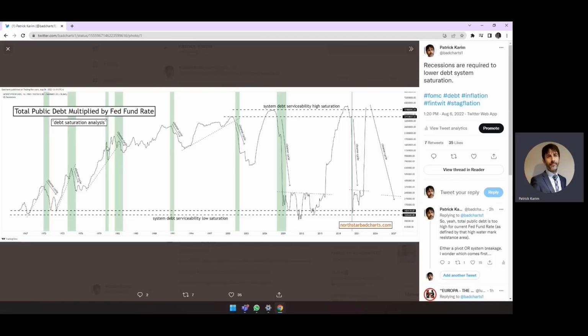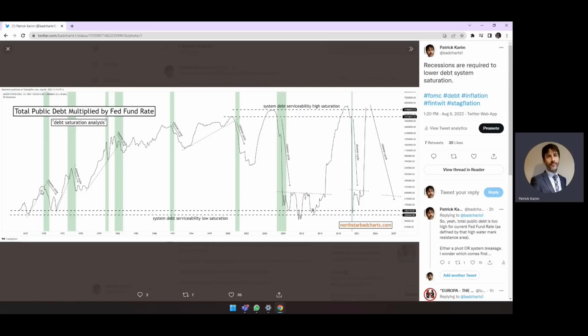And here it's going up. And you see here, I overlaid the recessions, guys. These recessions, they're cleansing. They come almost like clockwork. Recessions are more probable when there is a cleanse of the saturation. So as this goes up, the debt system is getting saturated, where there's too much debt for the Fed fund rate that's there, right?